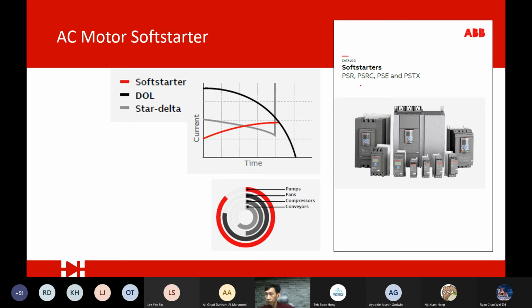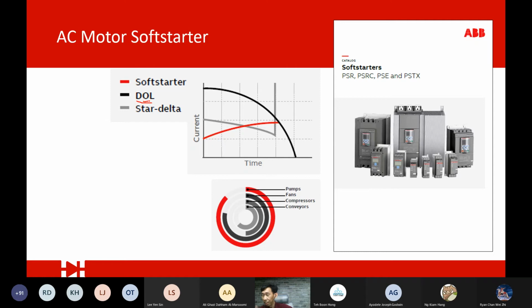So you will see that these are the graphs. DOL is the most common way of connecting an industrial motor, called direct online.